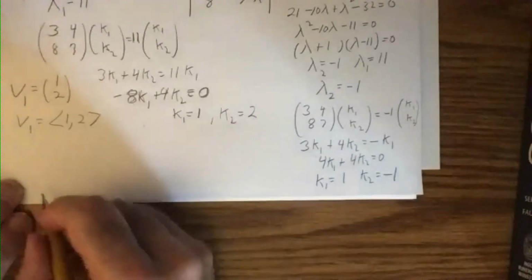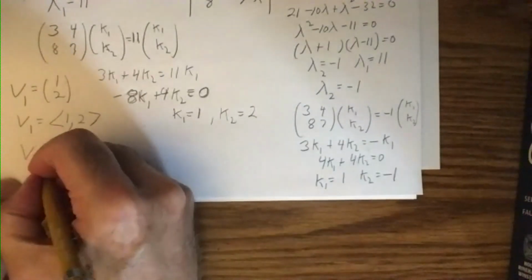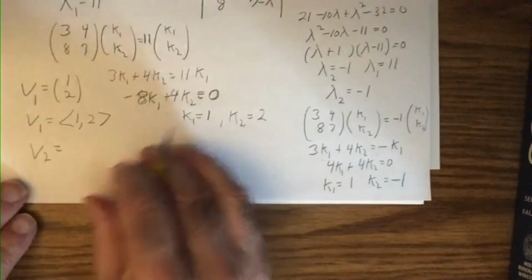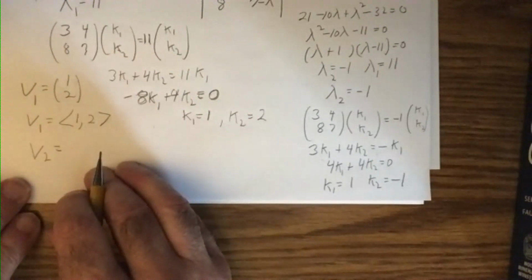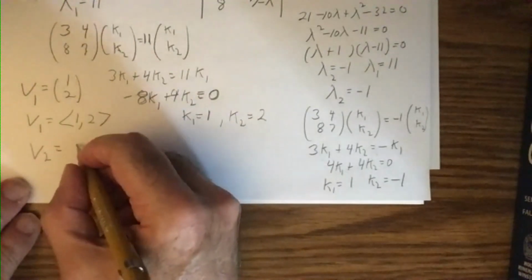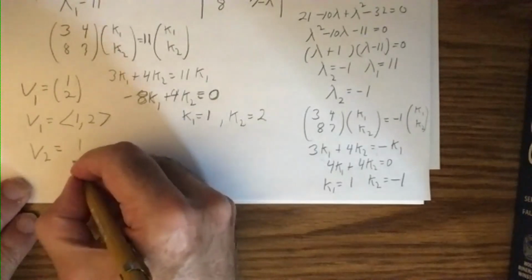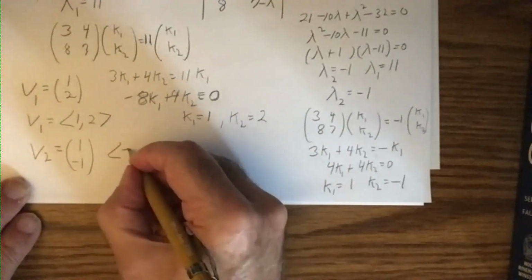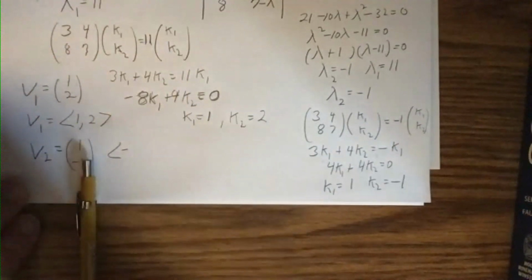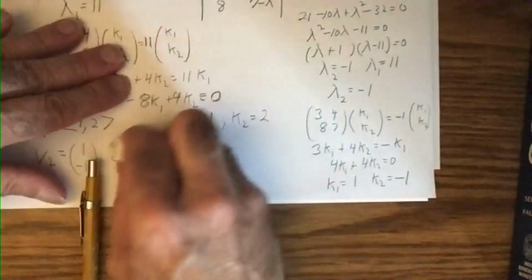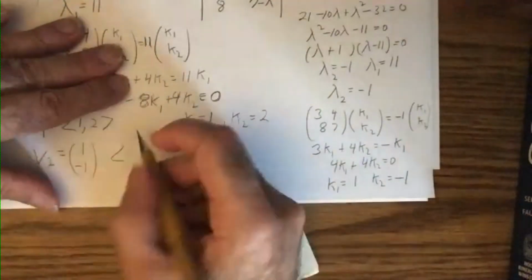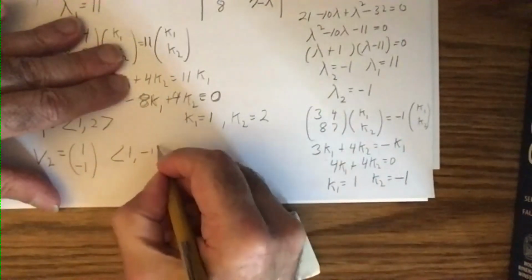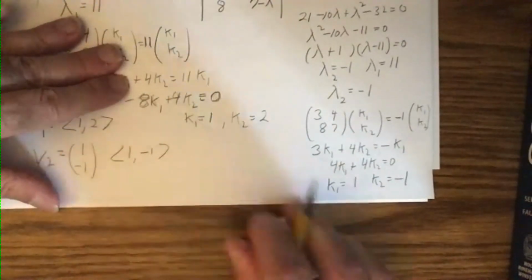So my vector V2, I could write it as 1, minus 1, or I can write it as a column vector, 1, minus 1.